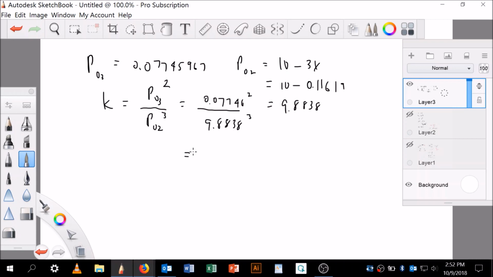It's that number cubed, right, and it's on the bottom.